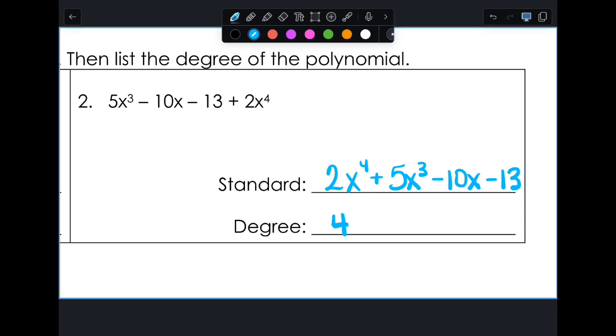Now, all of the expressions that you're going to be working with today are polynomials. But just like with exponents, you have specific names for an exponent of 3. What is it? You have a specific name for an exponent of 2. Squared. But that doesn't mean they're not exponents. They just have specific names.